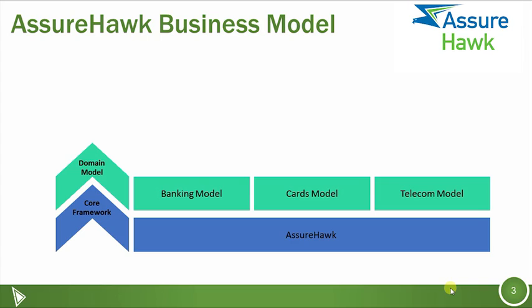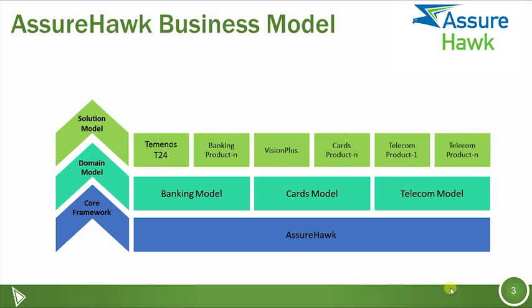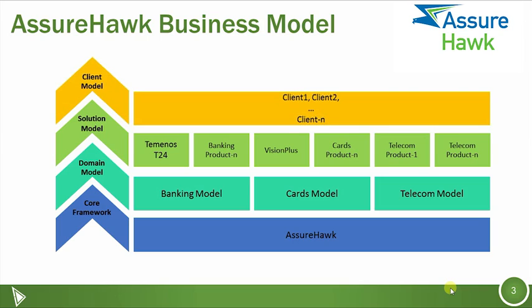It can also be configured for other verticals. Within banking, it has a solution model on top of the vertical or domain component. At this time we have configured it for Temenos T24. We could similarly configure it for iFlex, Finacle, or other core solutions. And on top of it is the client model.